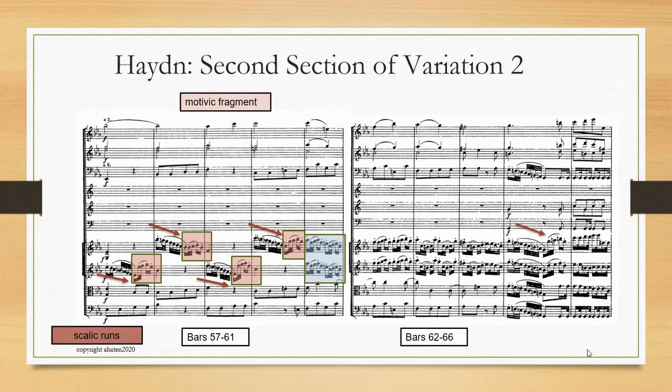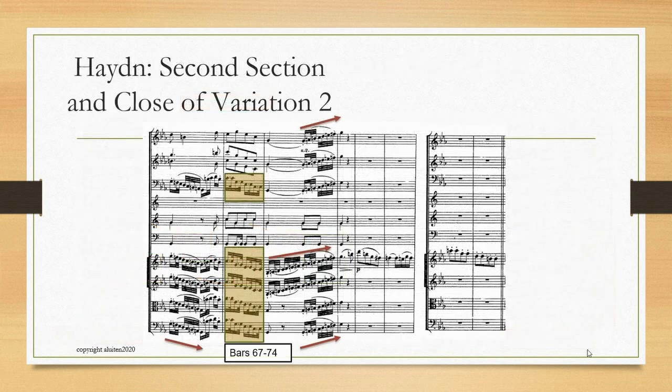Bar 65 there, and 67 and 69 in the following slide. These ideas are combined with a dotted rhythmic idea, which collectively reach a mini cadenza at the end of the variation.